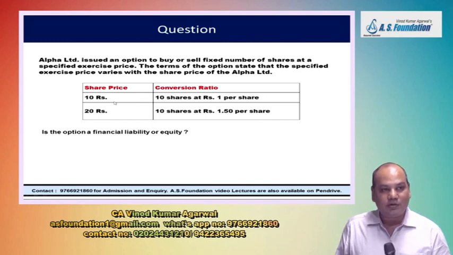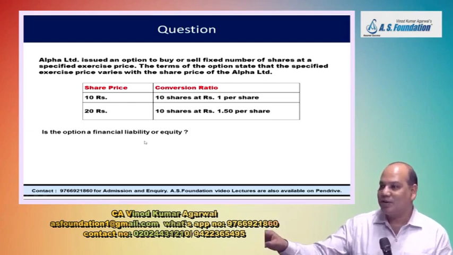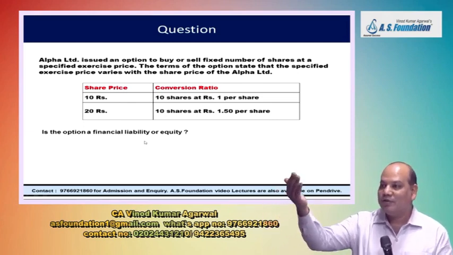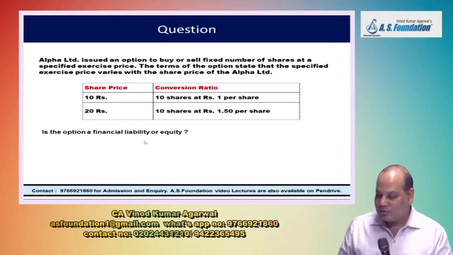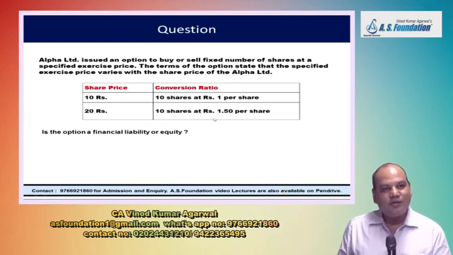If the market price is 10 rupees, you will get 1 rupee per share. But if the market price is 20, you will get 1.50. Okay. So is the option a liability or equity? I have given the answer, but not very explicitly. Implicitly I have given liability, because the amount of cash that you may receive is variable.